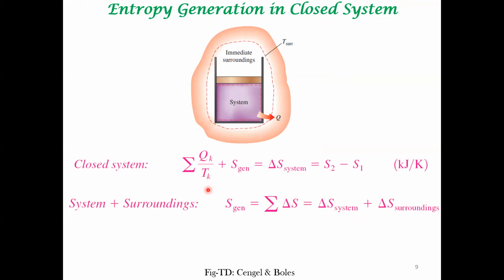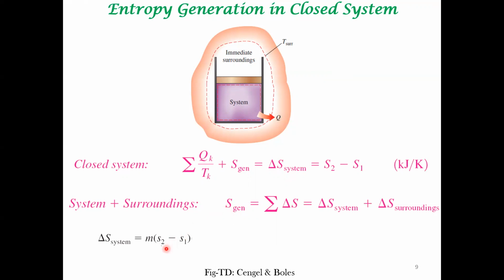So for a closed system, what we are trying to say is, there is an entropy change of the system. There is an entropy change because of heat interaction with the surroundings, and to account for the differences, you have this entropy generation term. So how do we talk about the entropy of the system?